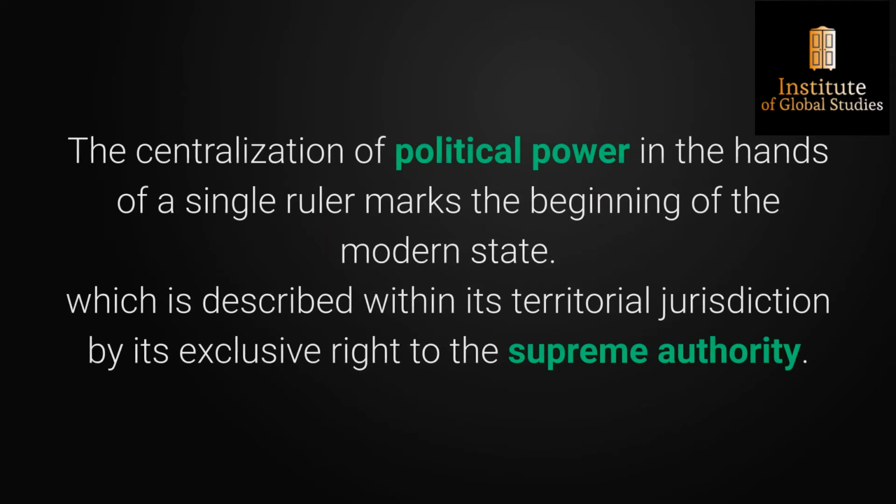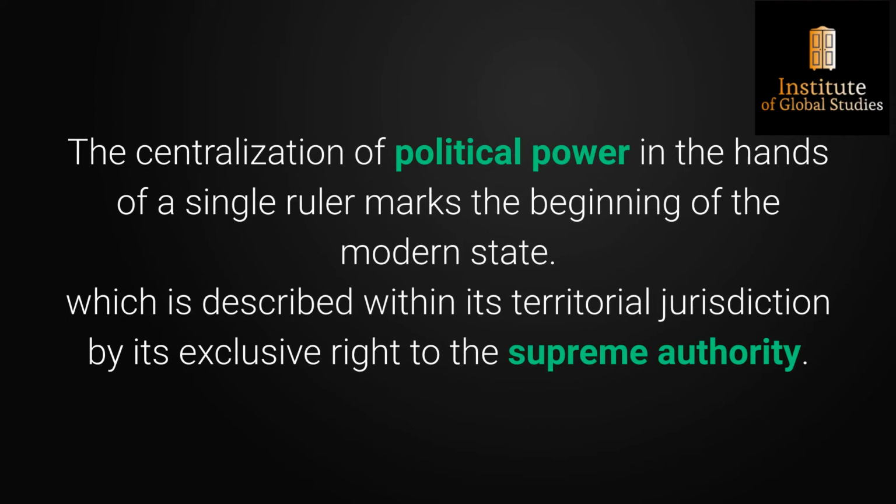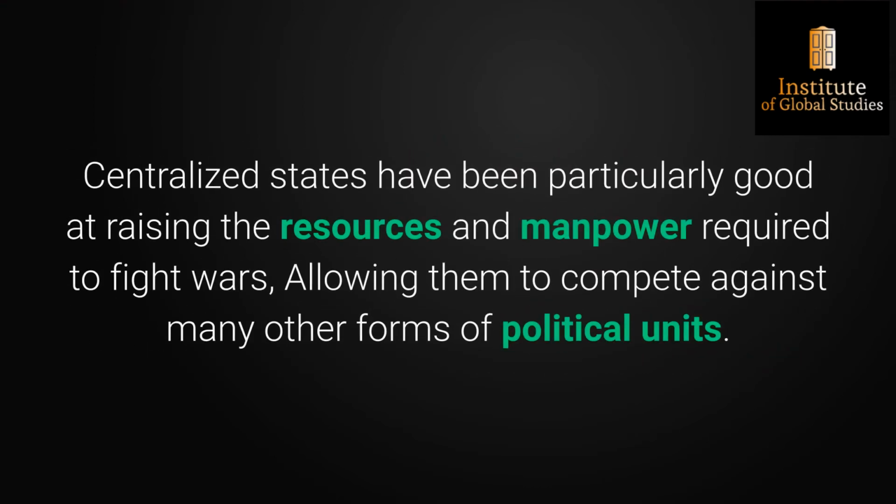The centralization of political power in the hands of a single ruler marks the beginning of the modern state, which is described within its territorial jurisdiction by its exclusive right to the supreme authority. Centralized states have been particularly good at raising the resources and manpower required to fight wars, allowing them to compete against many other forms of political units.